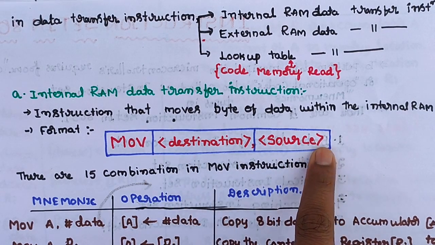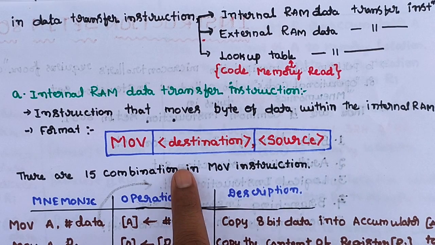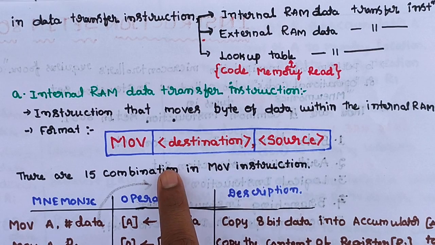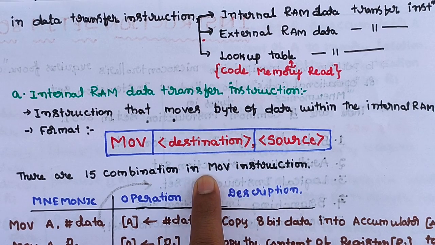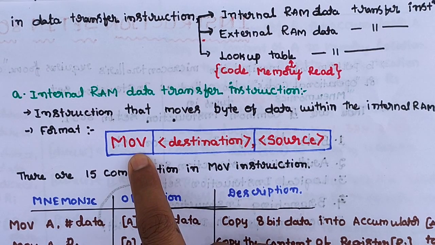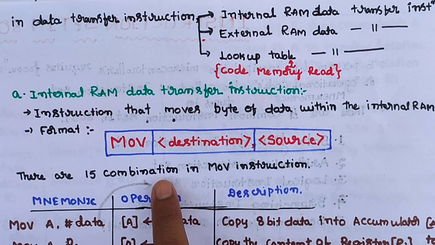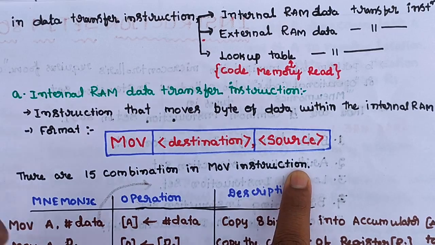So this is a move operation. You will get 15 different combinations of move instructions, because we have 4 different addressing modes, and we represent the move with those 4 different addressing modes.